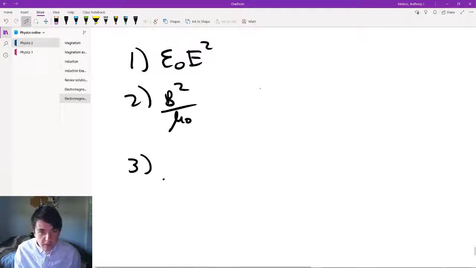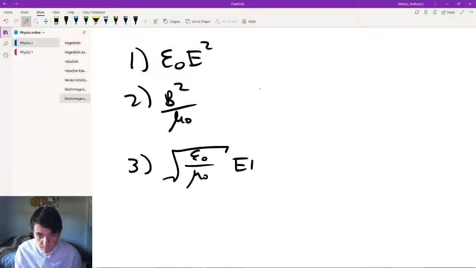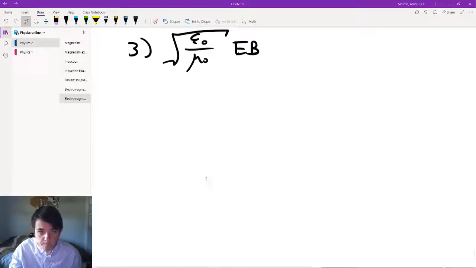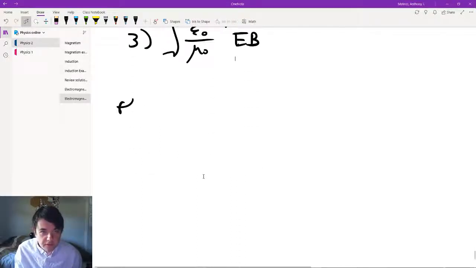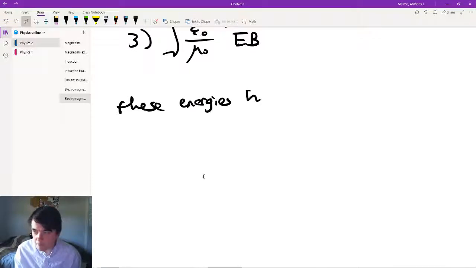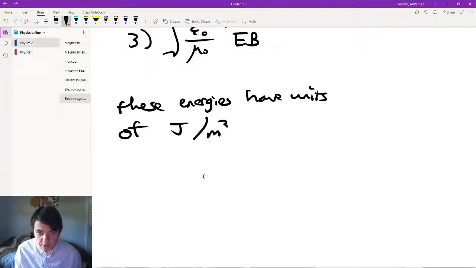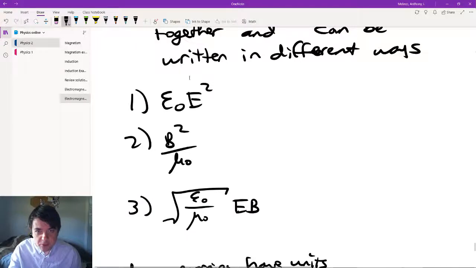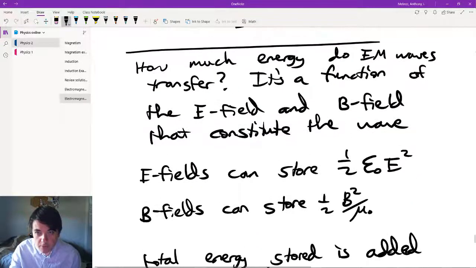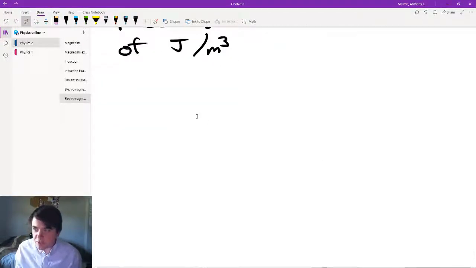And if you want it in terms of both, you can write it like this. And all of these energies have units of joules per meter cubed. Okay, so that's how much these waves can store. But how much the waves can store isn't the amount they transfer.